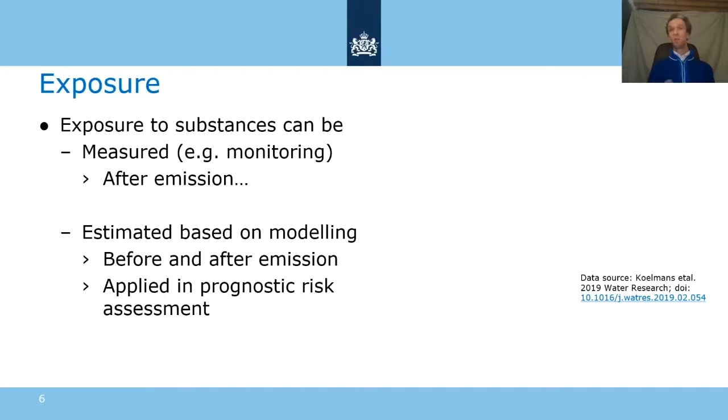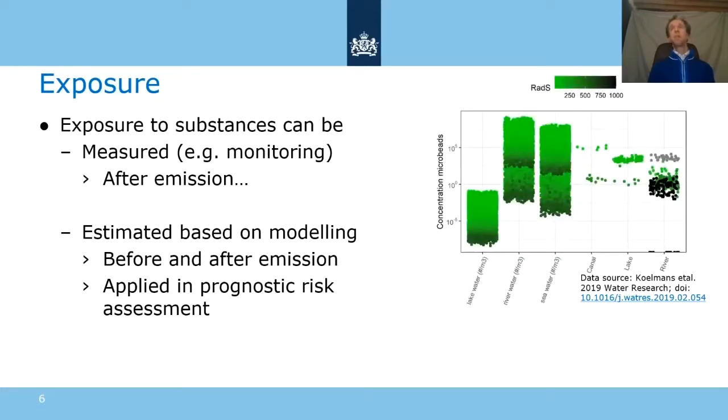For example, if you want to allow a certain product on the market, or you think you can use a new type of material, it's very convenient to know beforehand what your exposure might be when you use it to a certain extent. So this is why modeling becomes quite interesting to apply this in prognostic risk assessment.